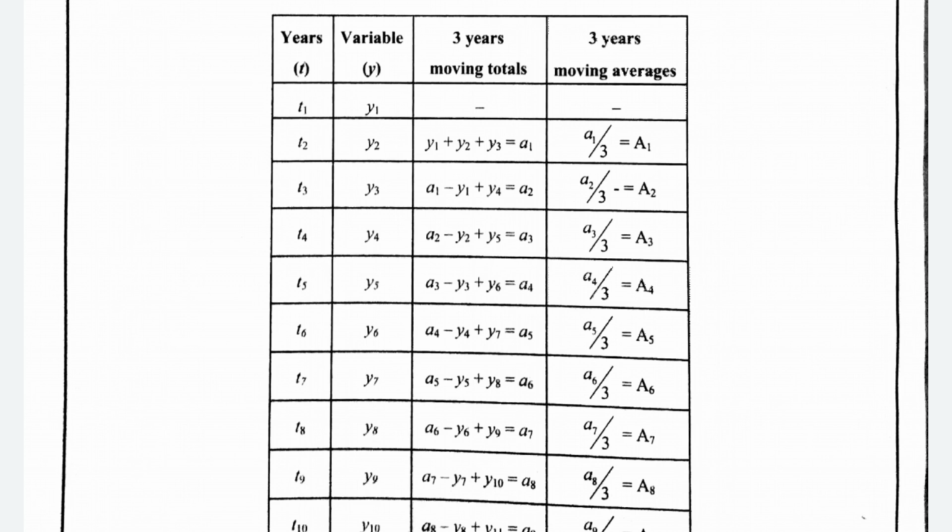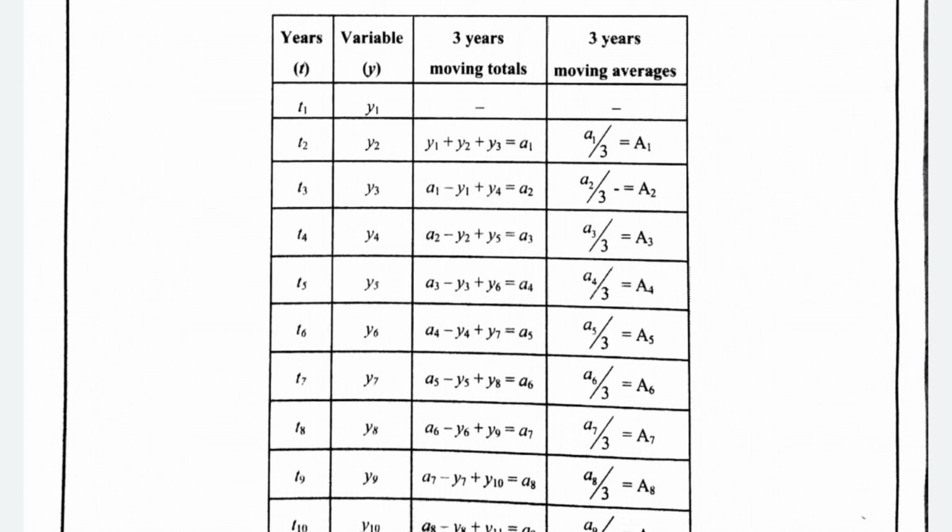Understood? Once again, you are given the variables y1, y2, y3. You add y1 plus y2 plus y3, and you write the total in front of the second number, since 3 is an odd number with a middle value. Adding it up you get a1.